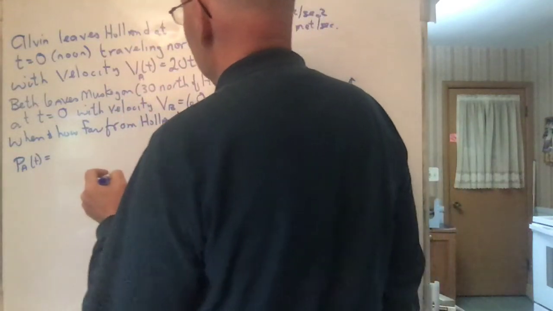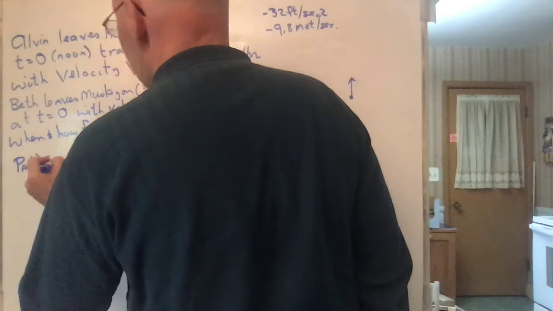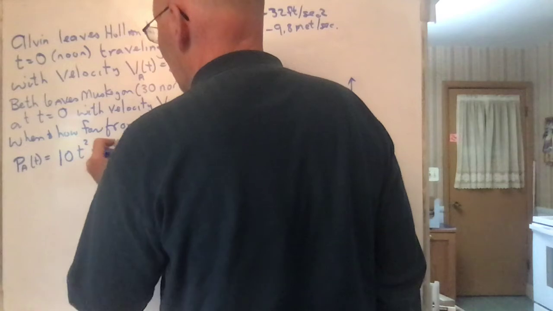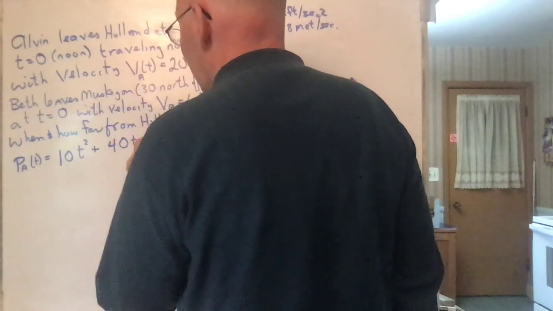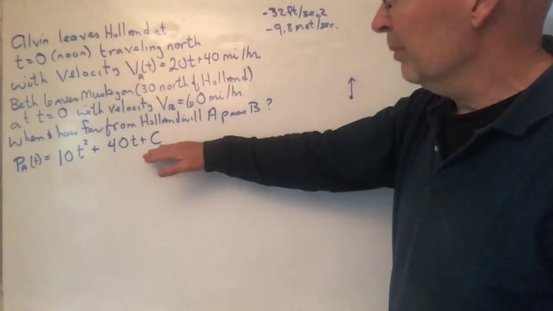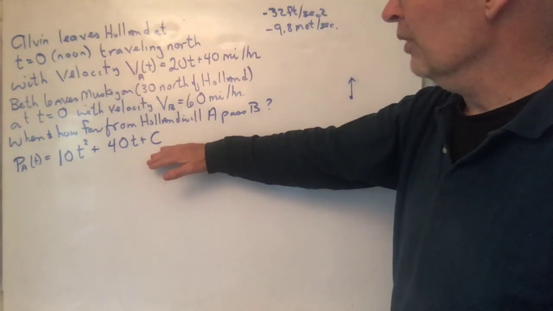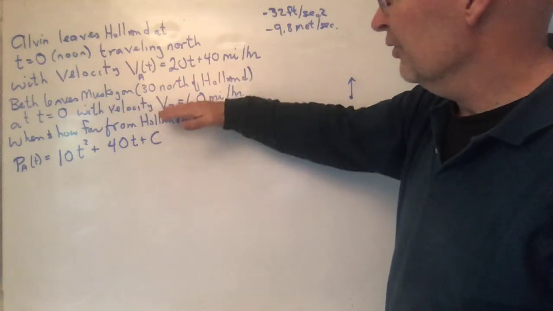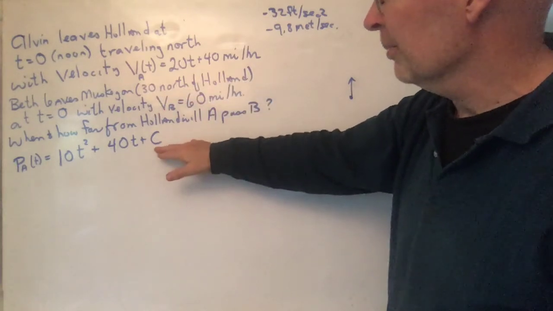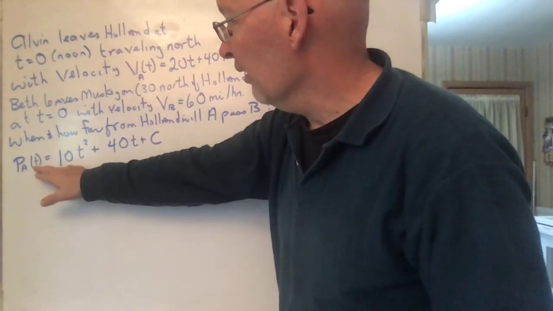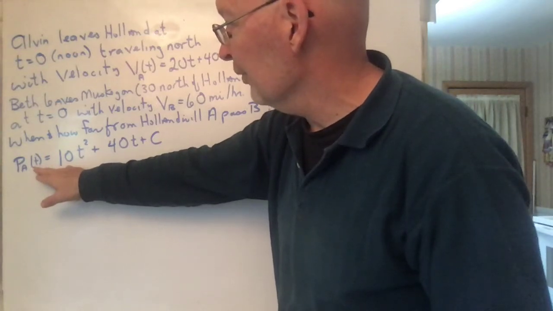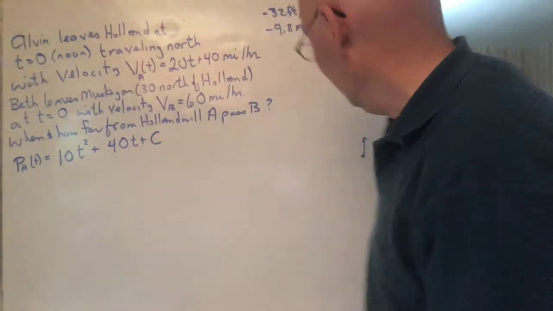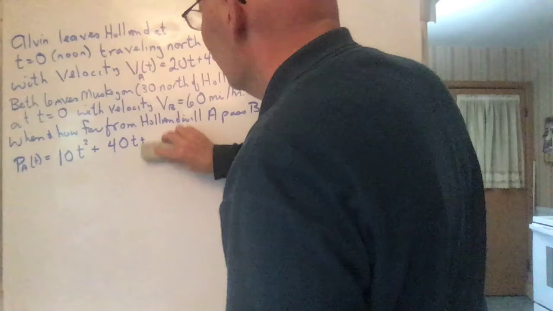The antiderivative is going to be 10t squared plus 40t plus c, and c will be the initial position, and we'll assume that everything is fixed here at Holland, so the initial position will be in relationship to Holland, and since he's starting from Holland at time equal to 0, we want him to have position of 0. So at time equal to 0, this is going to be 0 plus c has got to be 0, so that c's got to be 0.